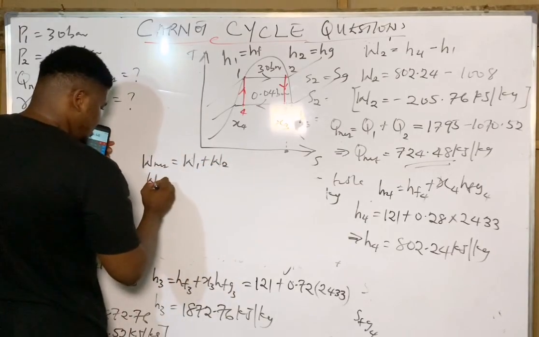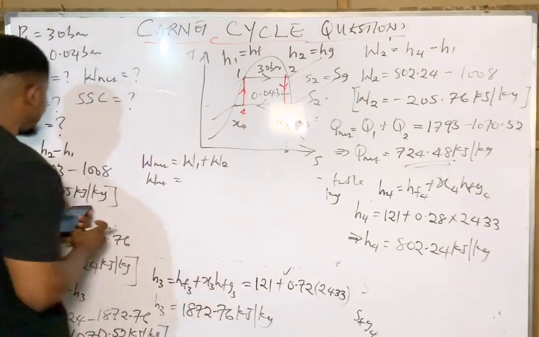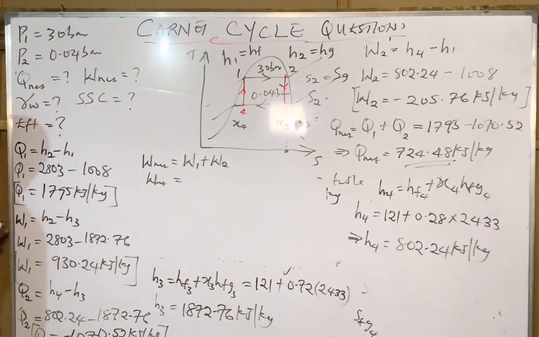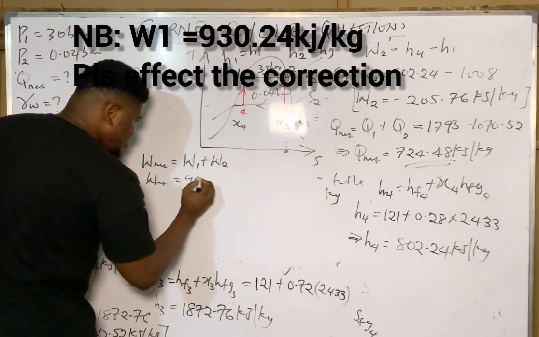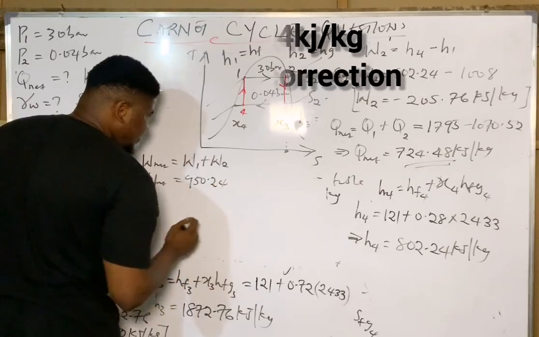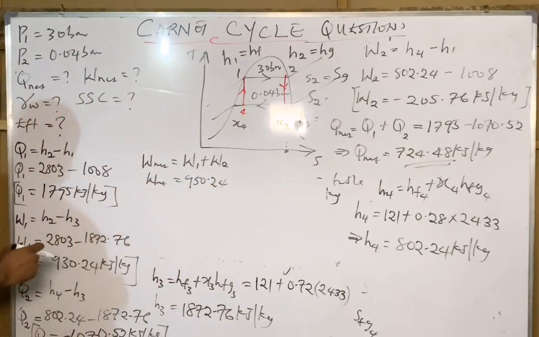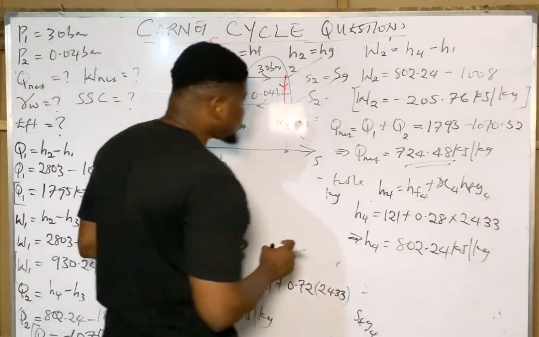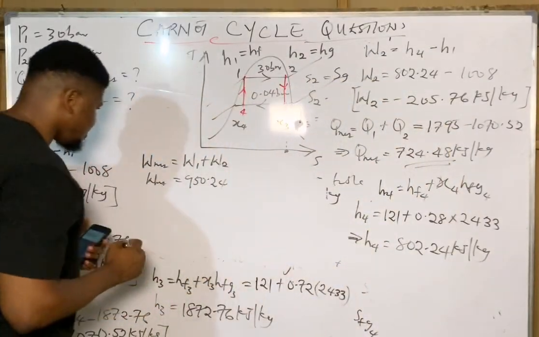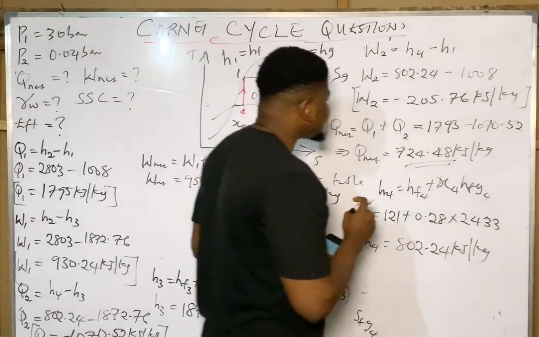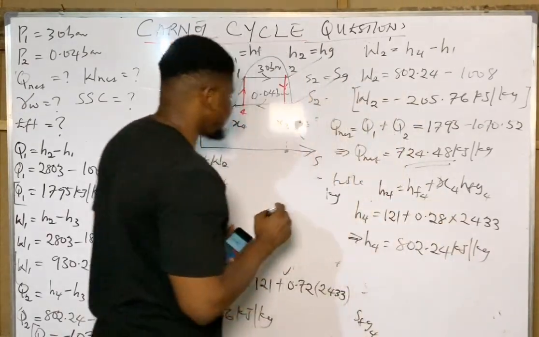So net work equals the expander work W1, which gave us 950.24, plus the compressor work W2, which here is negative 205.76.